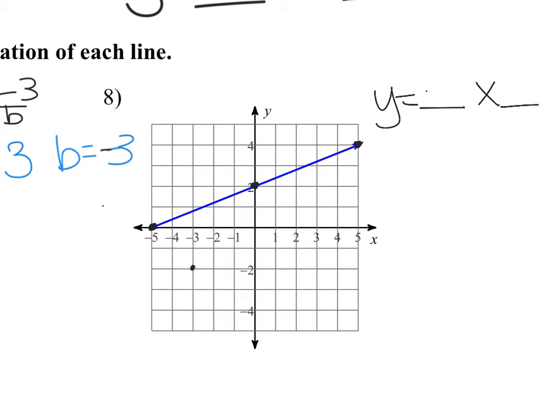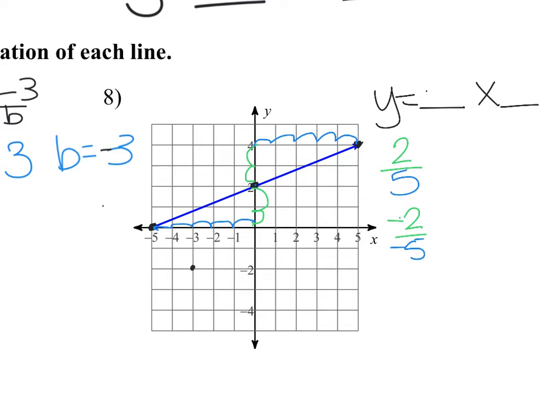So if I go this way up 2, so that's positive 2, and then 1, 2, 3, 4, 5, to the right 5. All right, and I want to show you that either way it doesn't matter. If I start down here, and let's say I went down 2, and I went to the left 1, 2, 3, 4, 5.